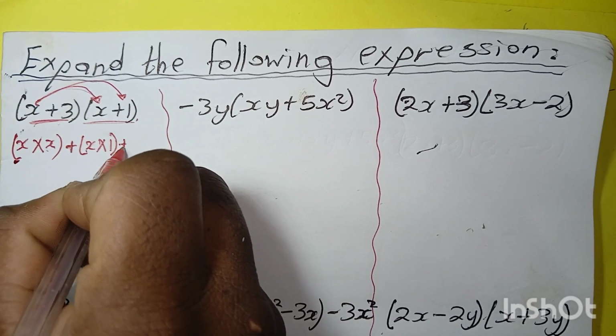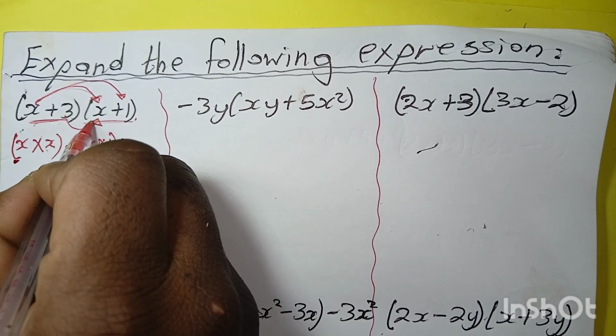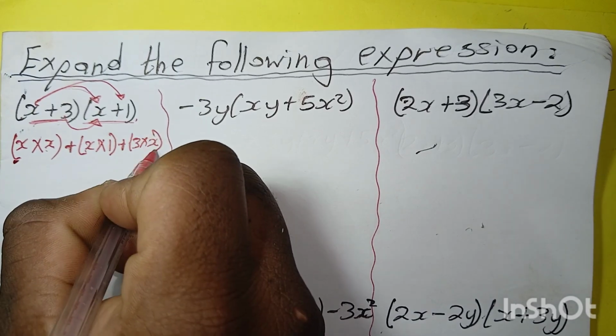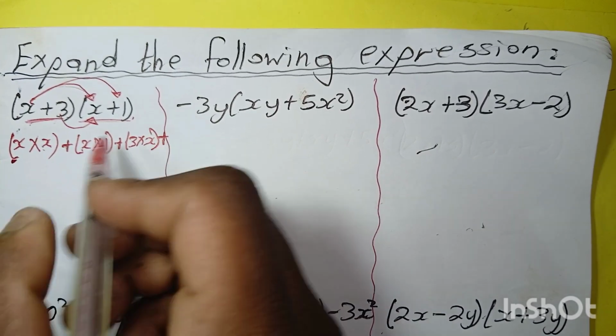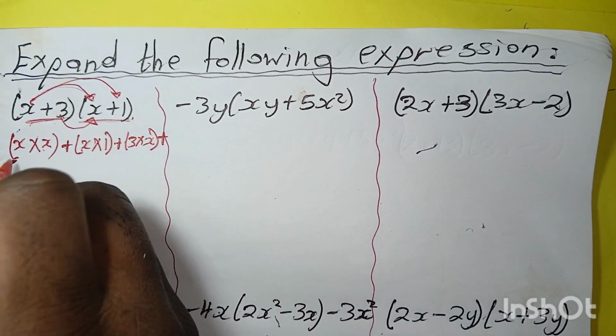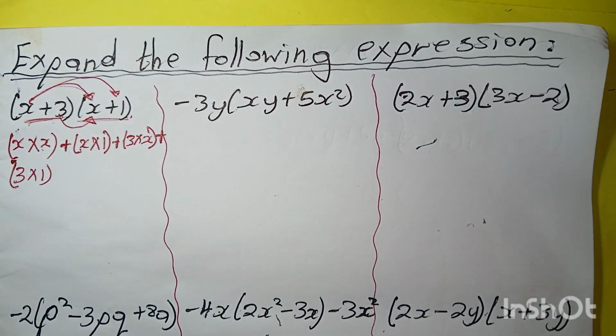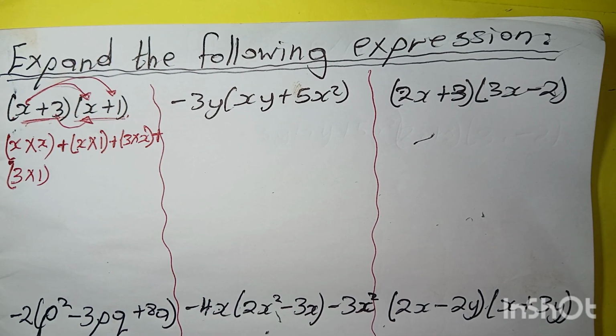Plus 3 multiplied by x, plus 3 multiplied by 1. Do you see? So this is the most important step for someone who takes things hard.